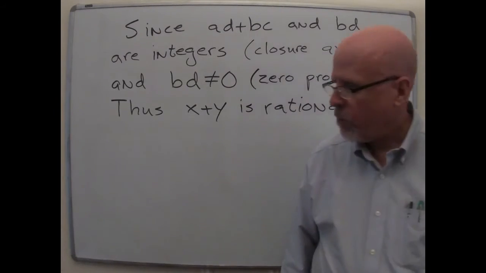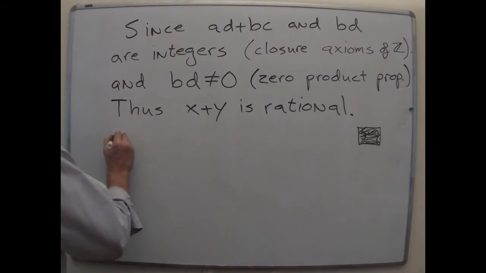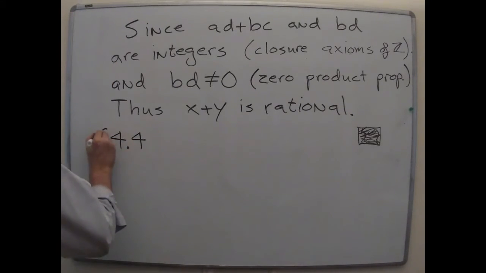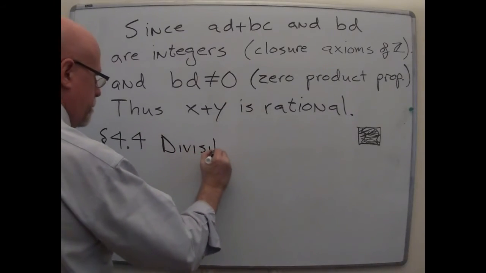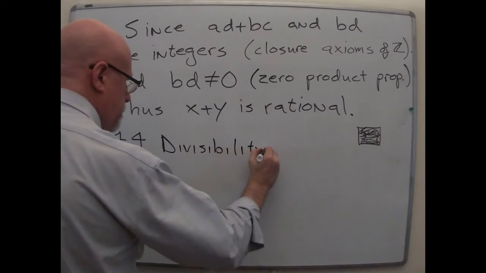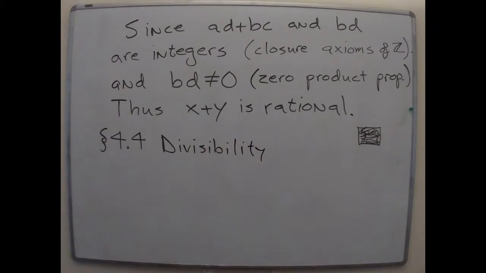So let's push on to 4.4, which is about divisibility. I think we ran into divisibility back in chapter 1, but let me hammer down some of those ideas we saw back then.